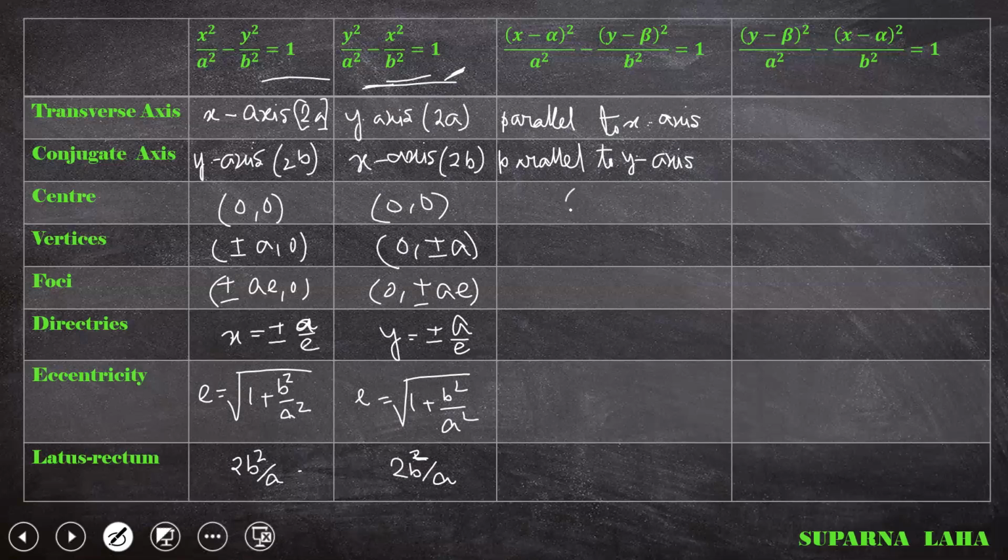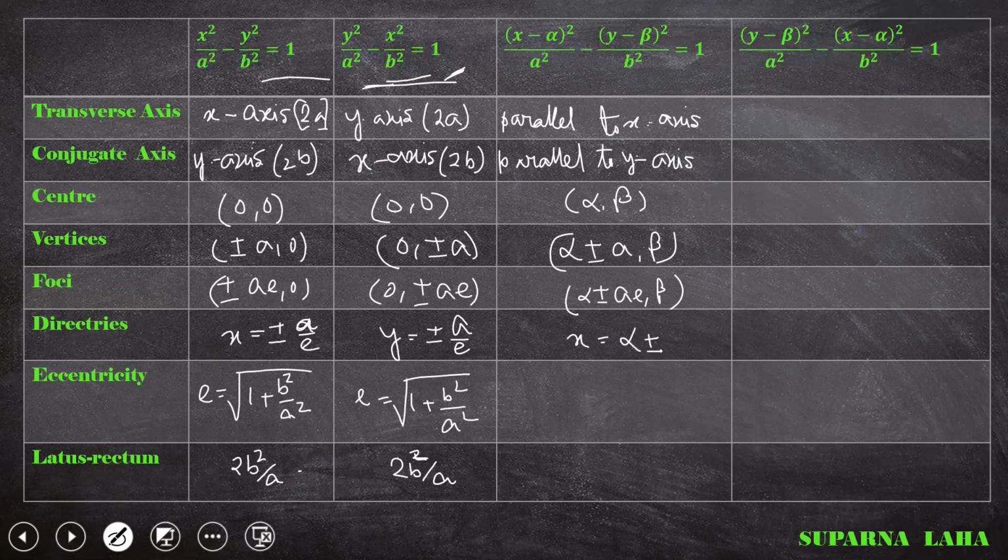Okay, and here the center is alpha comma beta, and the vertices are alpha plus minus a comma beta. Foci are alpha plus minus ae comma beta, and the equation of the directrix is x equals alpha plus minus a upon e.